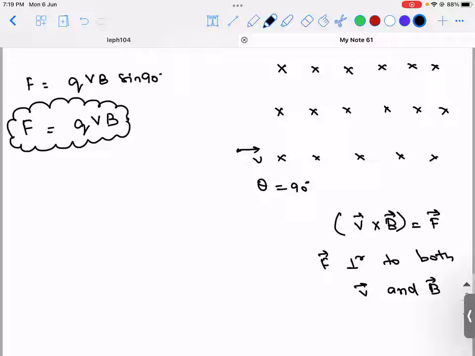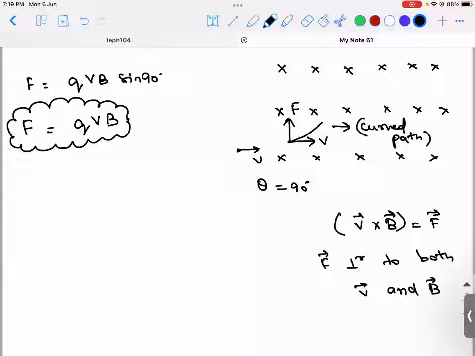As soon as the particle enters, the velocity of the particle will still be like this, but the force is going to be perpendicular to it. Correct? When this is the case, will the particle experience a change in direction? Yes, it is going to. So I will say that the particle is no more going to continue in a straight line path, rather it will start moving in a curved path.